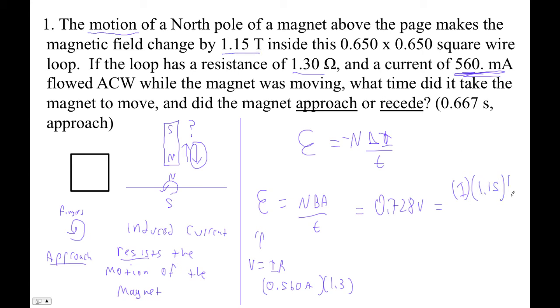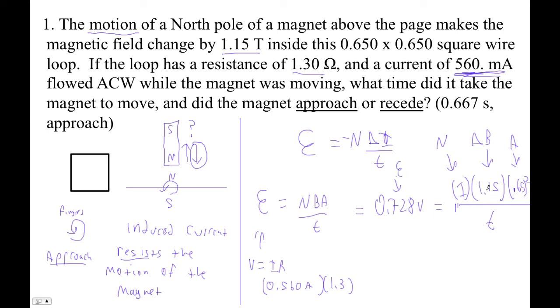And then our area is 0.65 squared, because it's a square. And then the time is what we're trying to find. So this is how much the change is of B, this is the area, that's the number of windings, and this is our EMF. And now we're just solving for t.